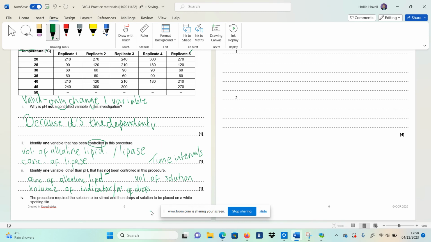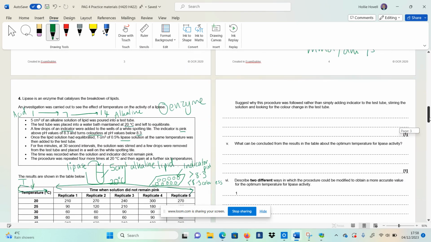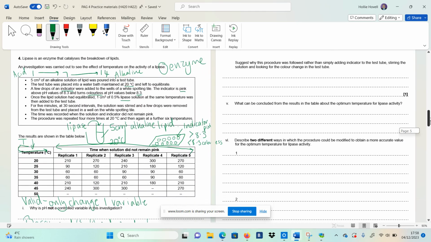Part 4, this procedure required the solution to be stirred and then drops of the solution to be placed on a white spotting tile. Suggest why this procedure was followed rather than simply adding indicator to the test tube, stirring and looking for a colour change. So why did they pipette it out into the dropping tile?